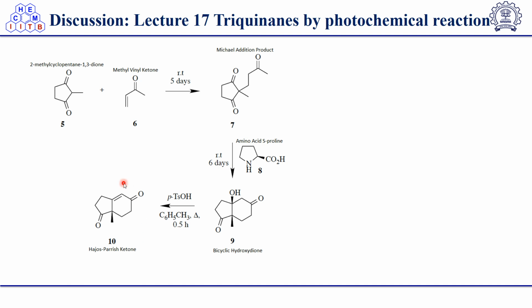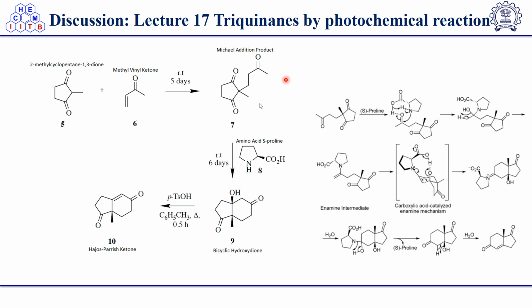And here the mechanism of this Robinson annulation is like that. After this compound forms, this S-proline will be bonded with the corresponding ketone present here with a hydrogen bond, and that will direct this Robinson annulation.